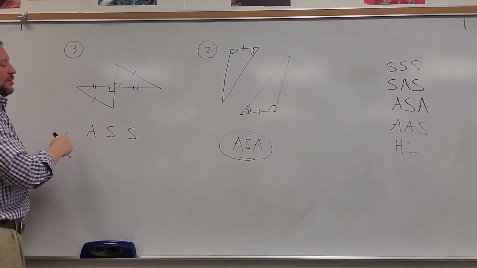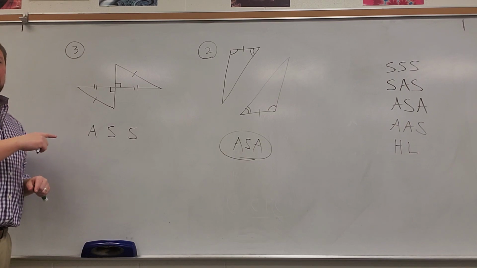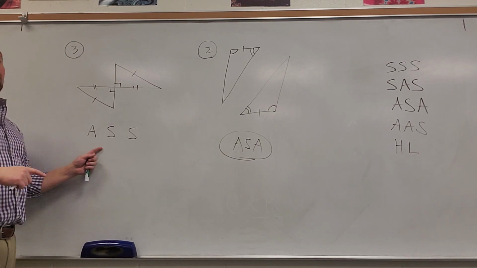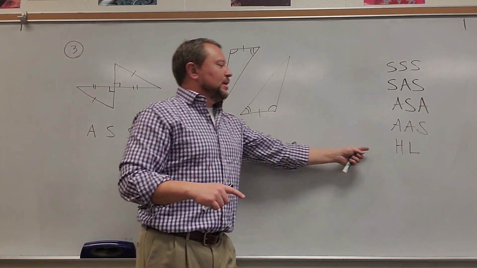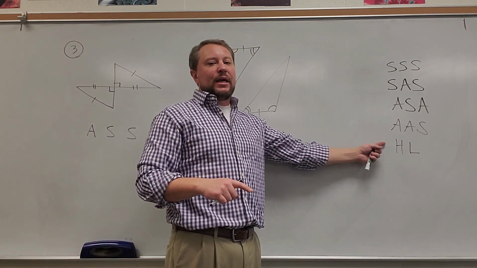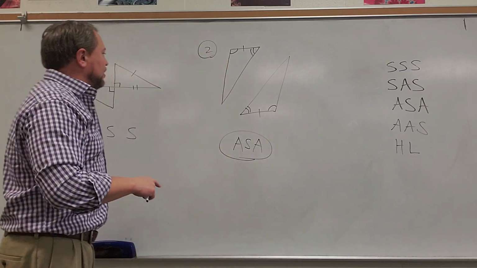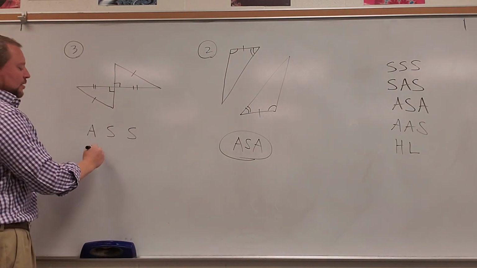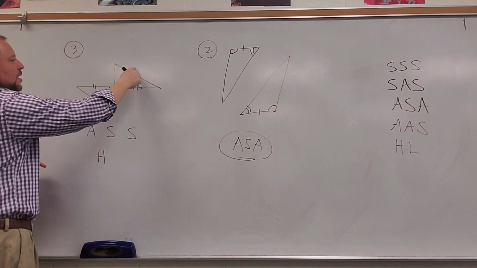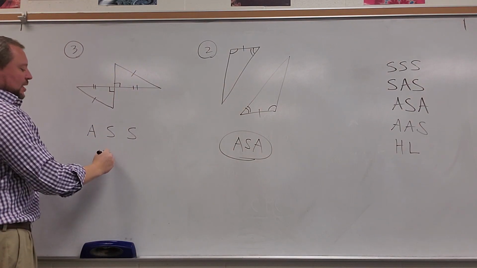So if I put it outside, we spelled that bad word. Okay, the only time this ever works, though, is if it is a right triangle and we have the hypotenuse and a leg. Looking at this picture, across from the right angle is the hypotenuse. See it? And this side is a leg.